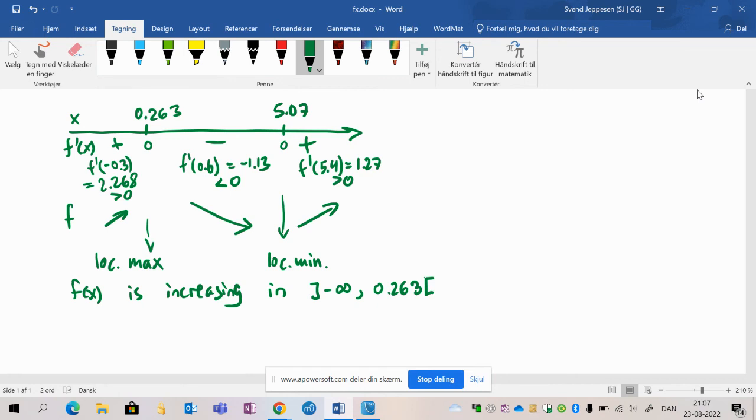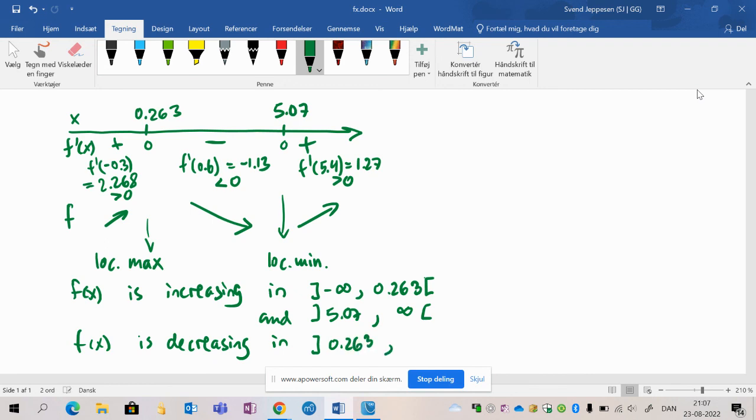It's also increasing in the last interval here, from 5.07 to infinity. And f of x is decreasing in the interval from 0.263 to 5.07.